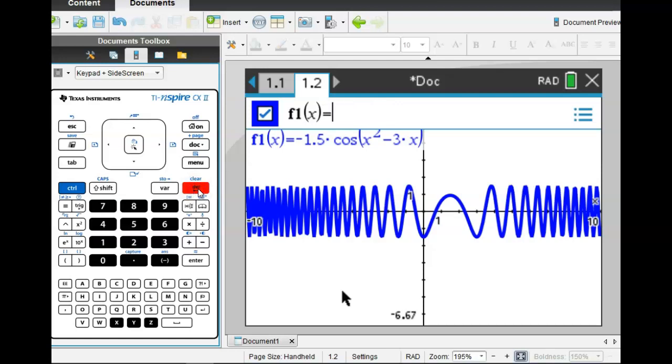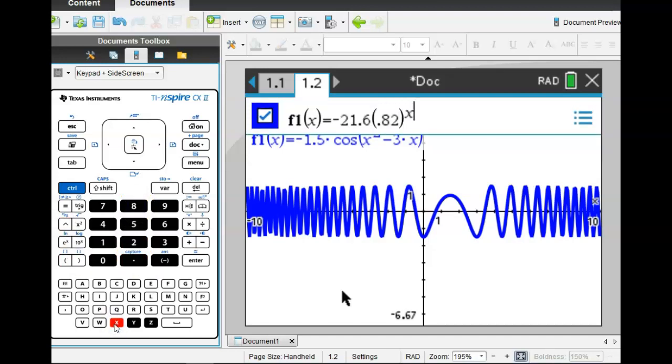And type in negative 21.6 times 0.82 to the x power, right?